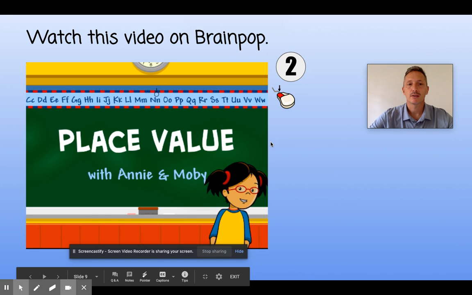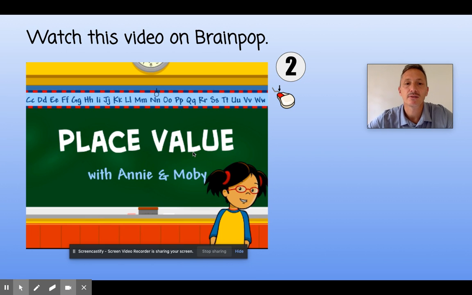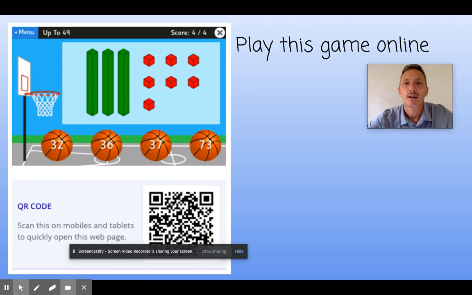So next, for your activity with this lesson, you're going to watch the place value lesson on Brain Pop. Okay, enjoy that for your second activity today. For your third activity, then we have this game for you to play, this fun basketball game from Top Marks. So you can choose the basketball whose value matches the number.